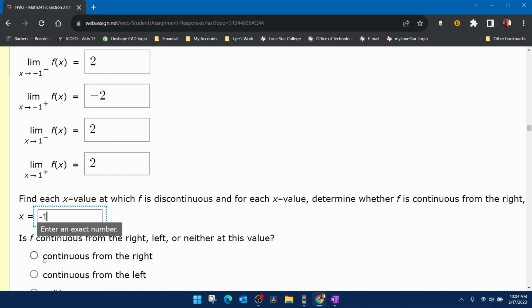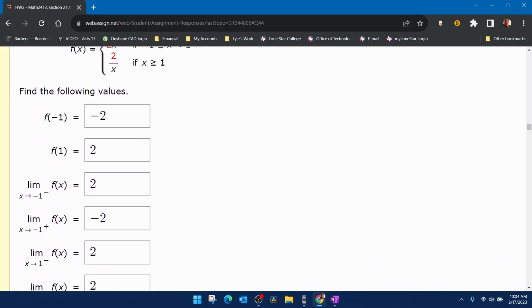Okay, so then for the next part, it wants to know if f is continuous from the right, left, or neither at this value of -1. And what that means is we need to go back and look at our piecewise function to see which piece of the function -1 actually goes in.